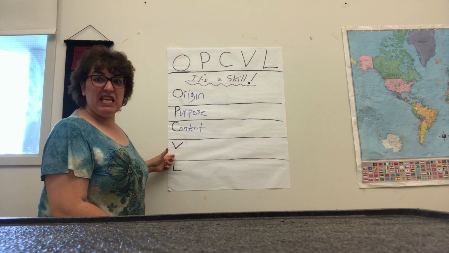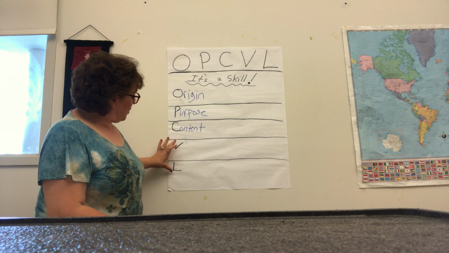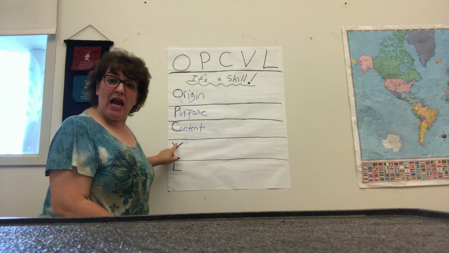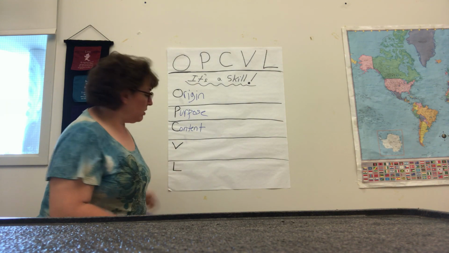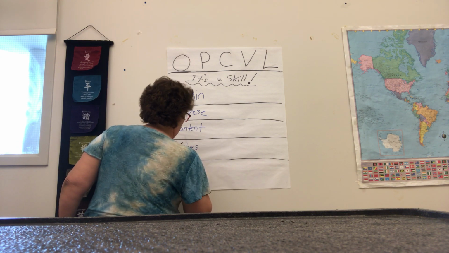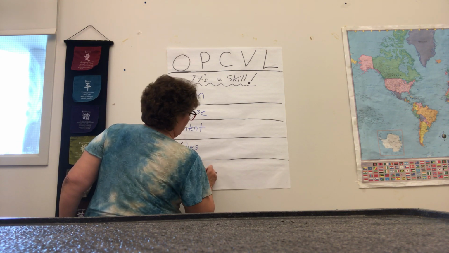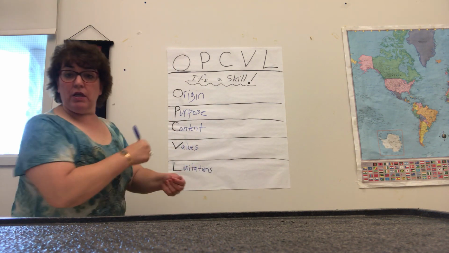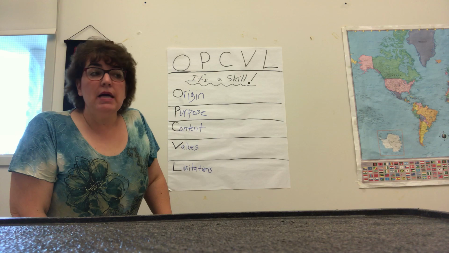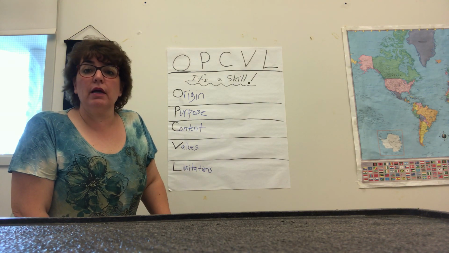Down here is key ingredients, because for these 2, you're going to be using these to get to this. Down here is values and limitations. Feel free to be recording what I have up here right in your notebooks as you're watching the video. Take a few notes, always a good idea.